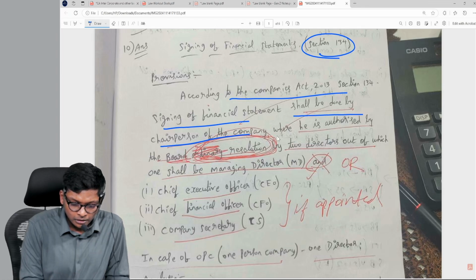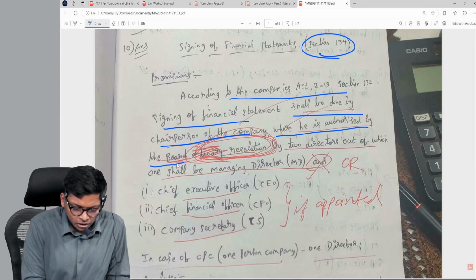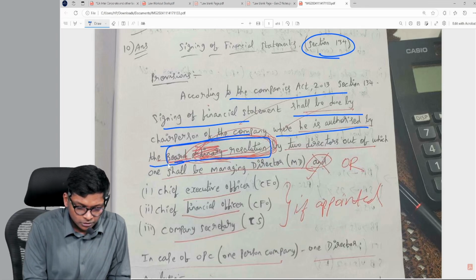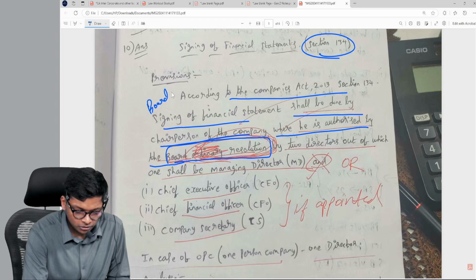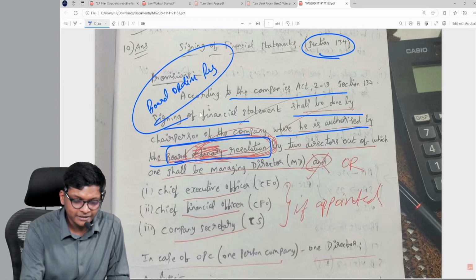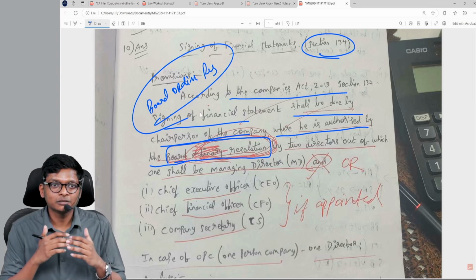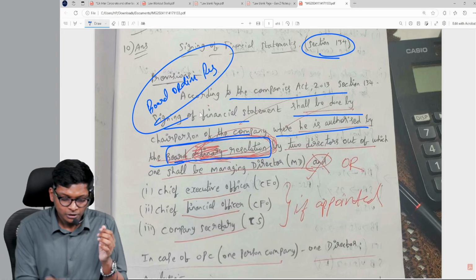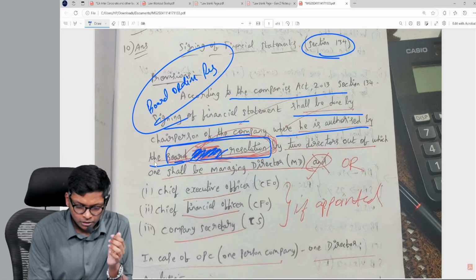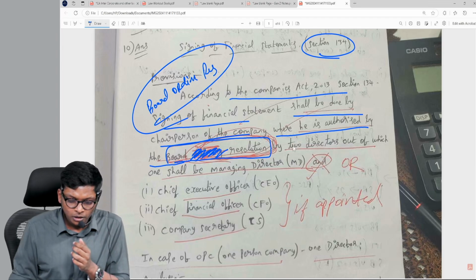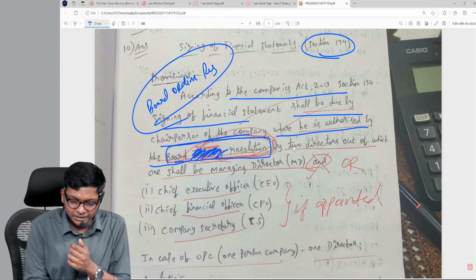Look at the mistake where it says authorized by the board ordinary resolution. What he wrote is board ordinary resolution. What is a board ordinary resolution? If I remove the word ordinary here, so it's authorized by board resolution, then it's fine.